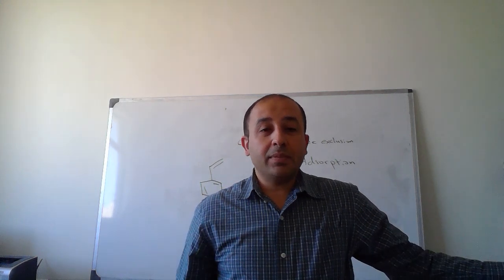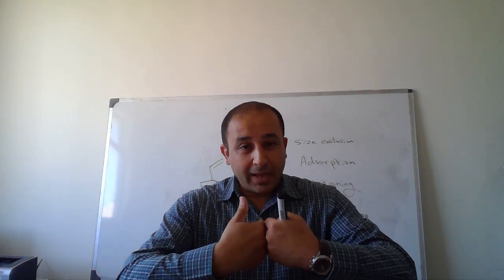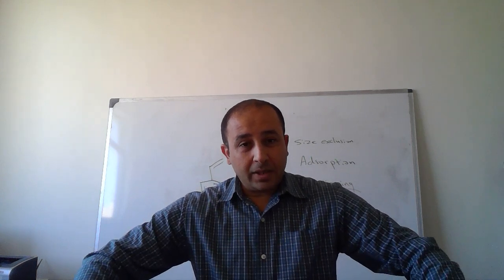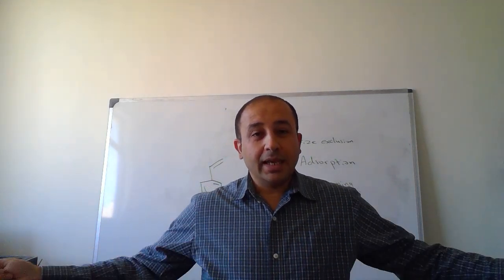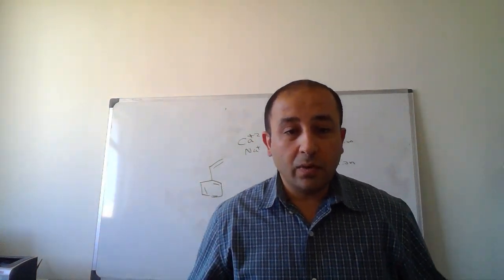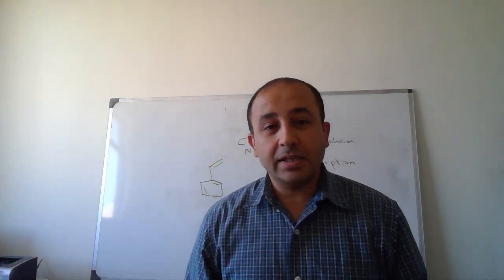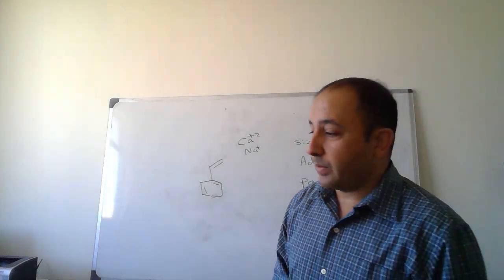The same thing happens for monomers: they break the double bond in order to make a single covalent bond with other molecules. In this case, we will have polymerization of the polymer.